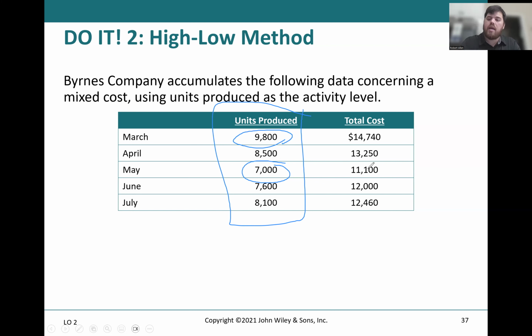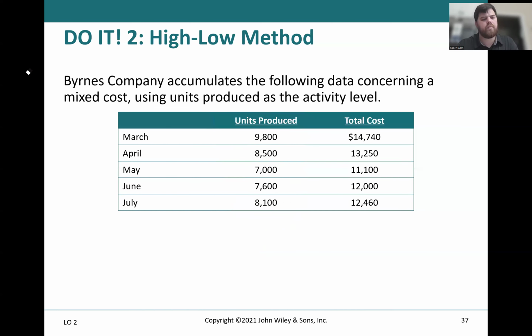Once again, in this case, you would have actually worked out okay. The numbers don't really matter because March also has the highest cost and May also has the lowest cost. So you would have been safe, but you will not always be safe if you make this determination on cost. You make the determination on activity level, on the number of units produced, and you will always identify the appropriate high point and the appropriate low point.